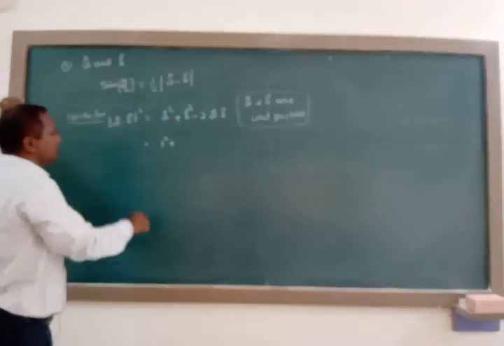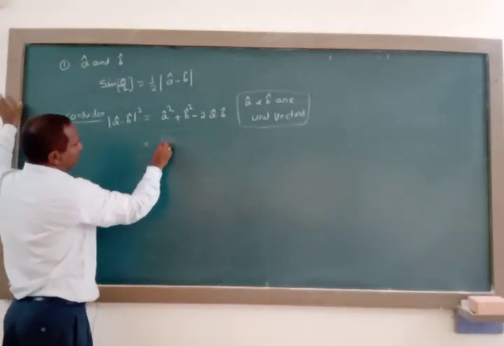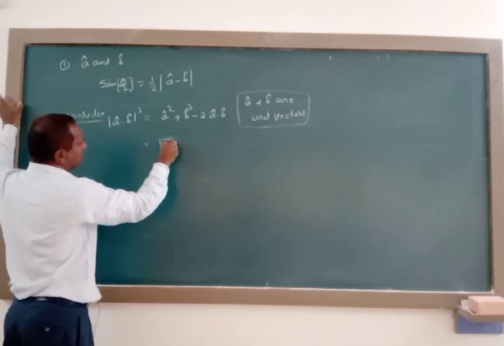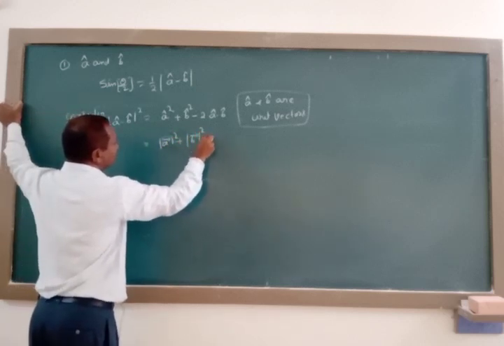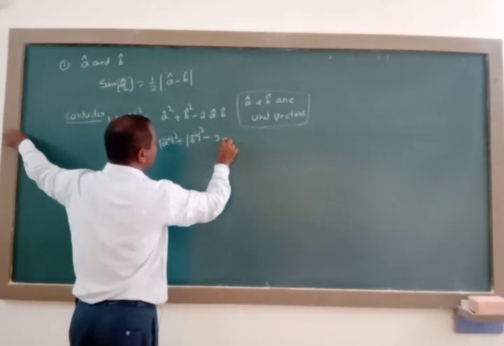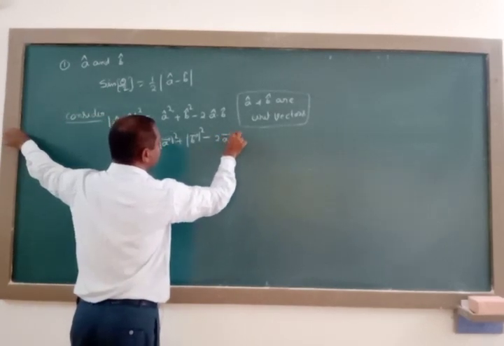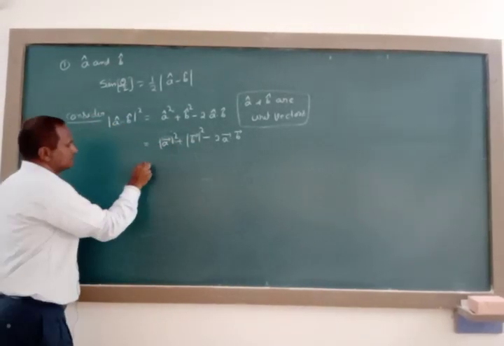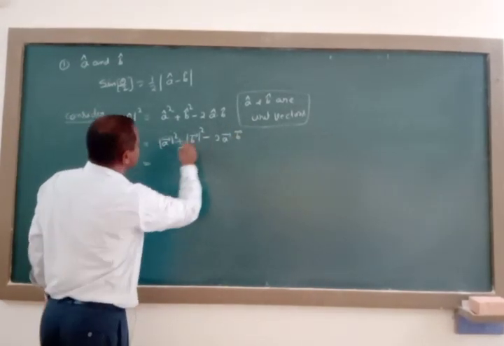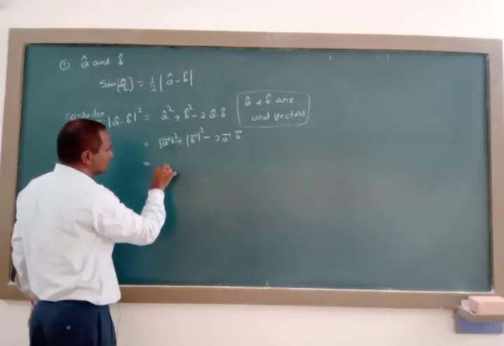Otherwise you can write like this also: magnitude of a bar whole square, magnitude of b bar whole square, and you can consider a bar dot b bar here. Unit vectors means their magnitudes are always 1.